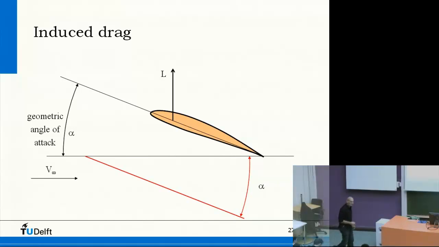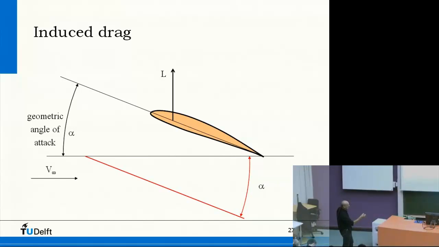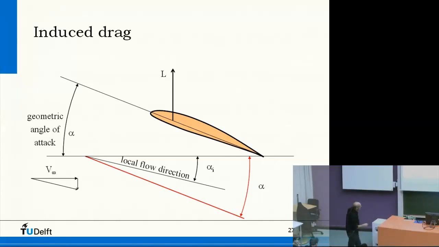Now, because of the fact that we have a downward velocity pushing the air down at the position of the wing, then this is the new velocity vector, right? And that is this one. So this one is parallel to this one. So the local flow direction is not this angle here, but it is this angle here. No, I'm sorry. This is the local flow direction here.